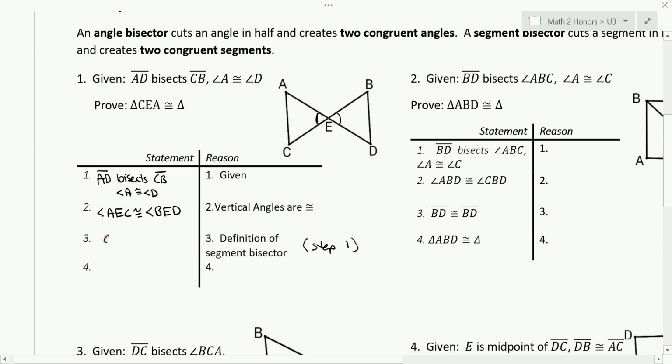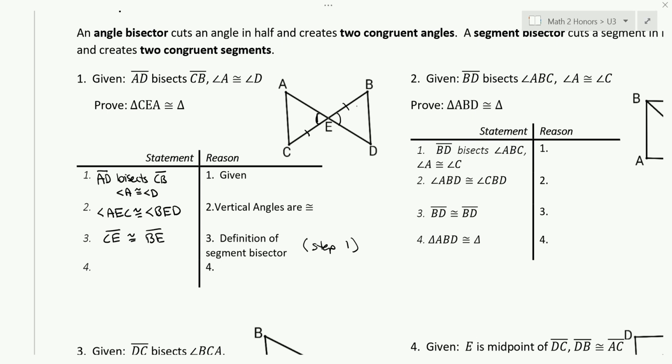CE is congruent to BE. Do you guys agree with that? That this is congruent to that? Or should it be AE is congruent to DE? Which one's being bisected? CB. Okay, so we're good.